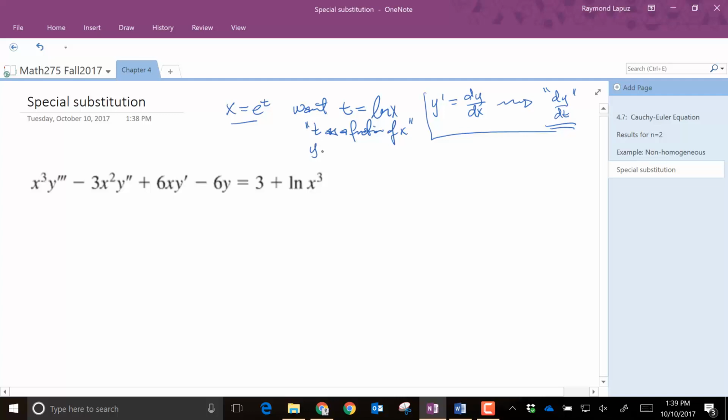So y is a function of t. Well, we still want to solve for y, and we're switching variables from x to t. dy dx times dx dt to get dy dt.